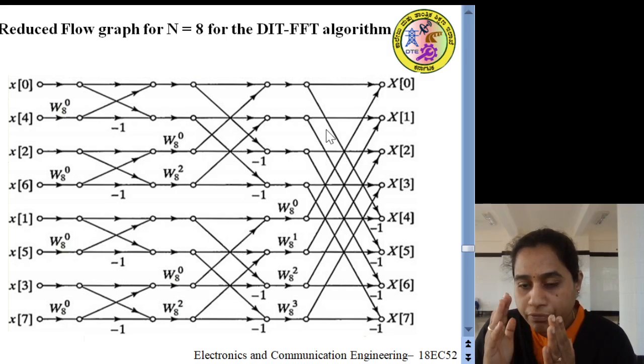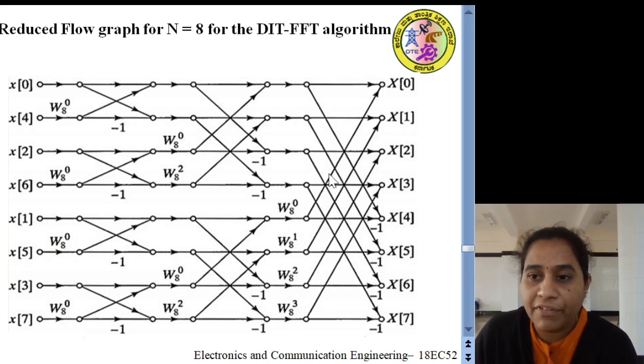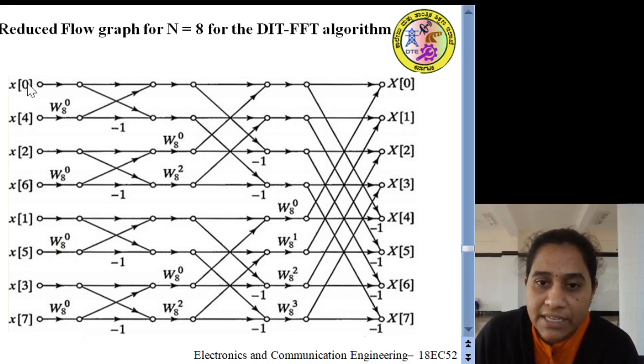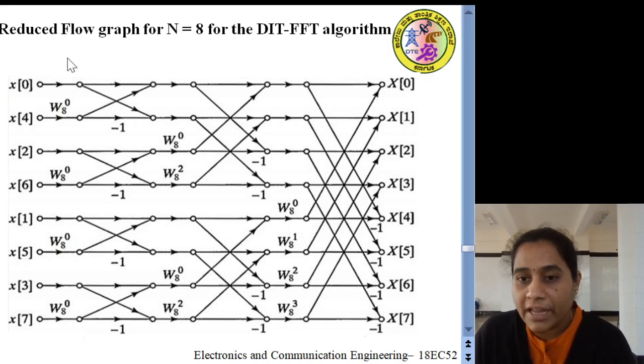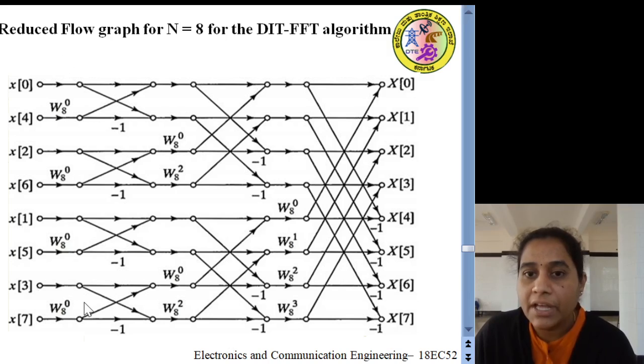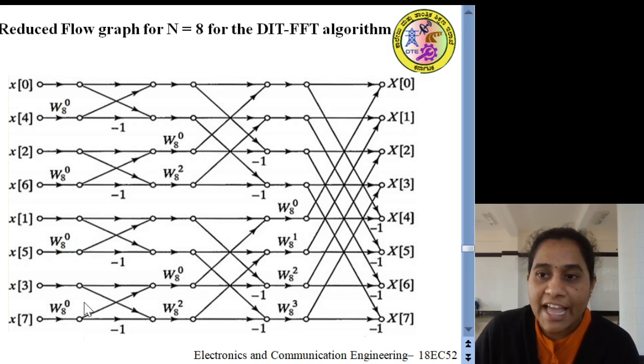So 3 stages of decimation, and each stage has 4 butterfly operations. Input is given in bit reversal order and output we obtain in natural order. So you can observe here the complete reduced flow graph for n equal to 8 for the DIT FFT algorithm.